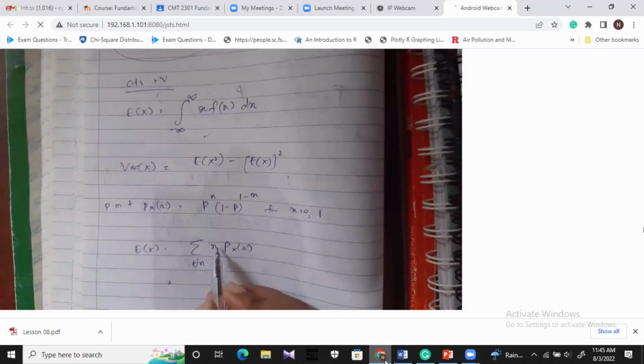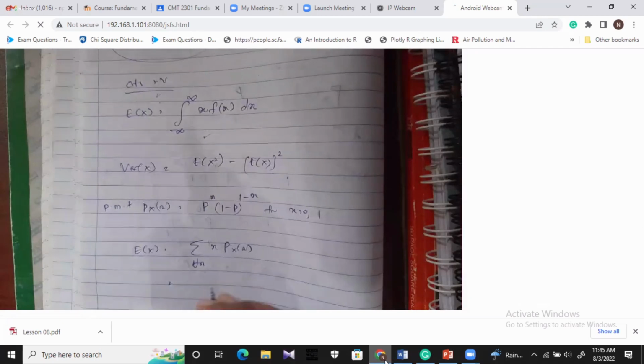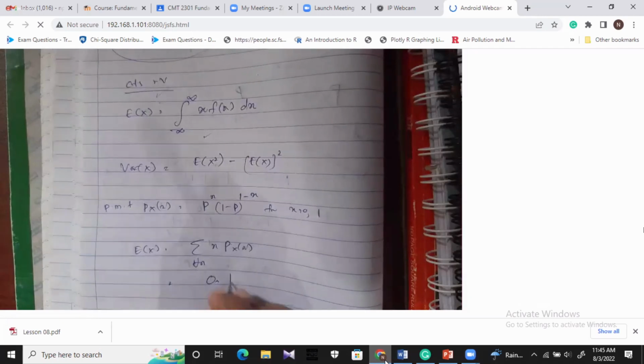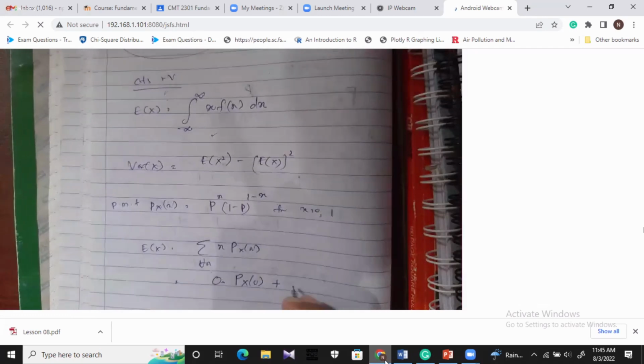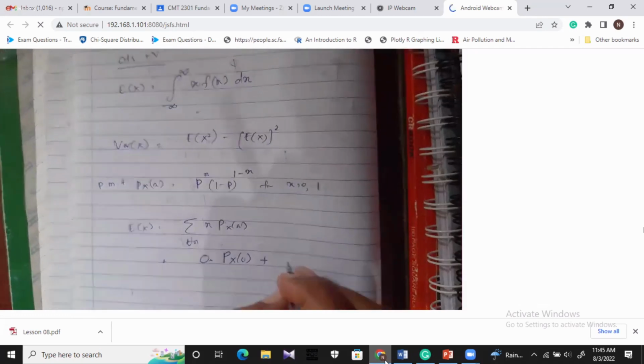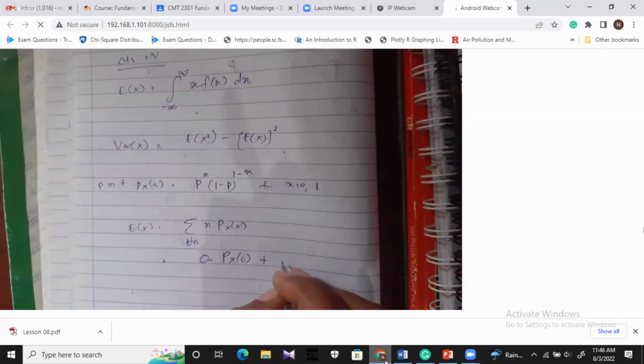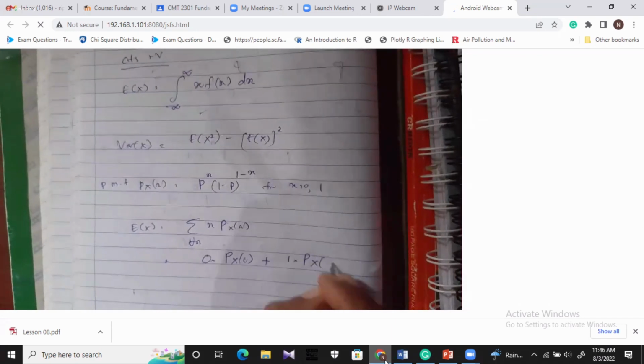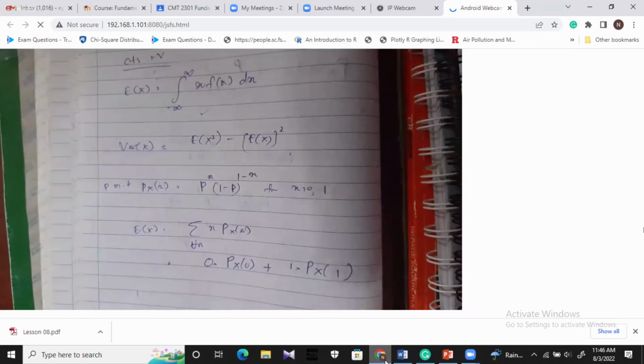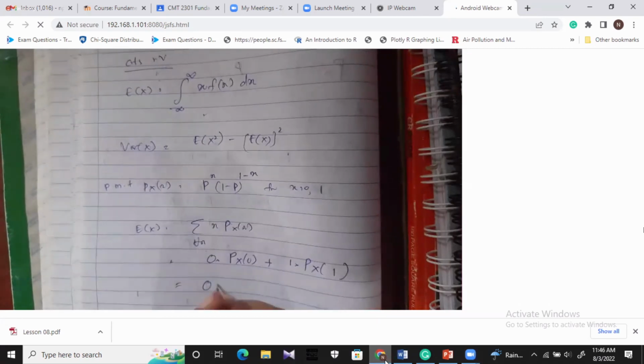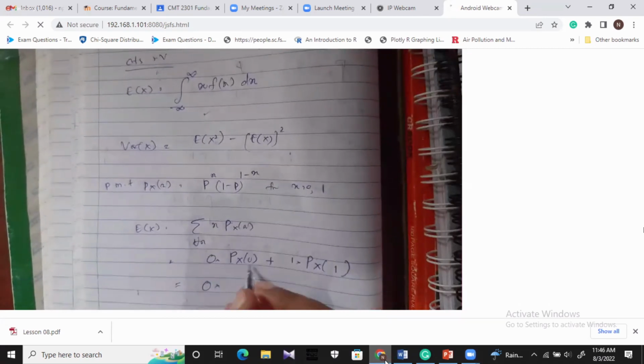Now, what is the first value of x? X can be either 0 or 1. So substitute first 0 here: 0 times p(0), plus, now substitute x equals 1: 1 times p(1). Right. 0 times what is the probability of a failure?